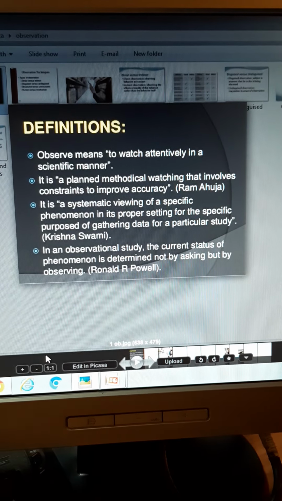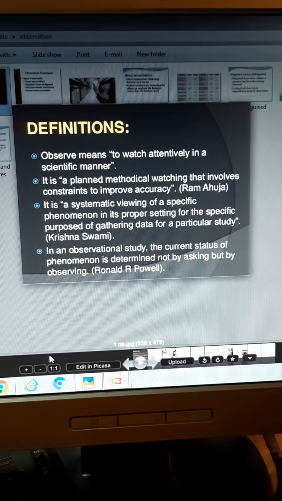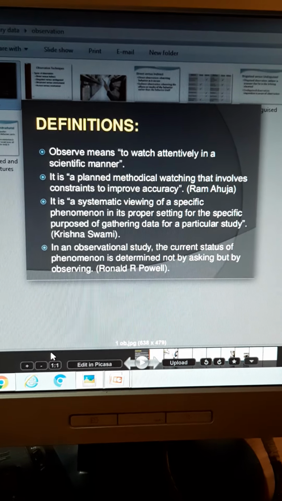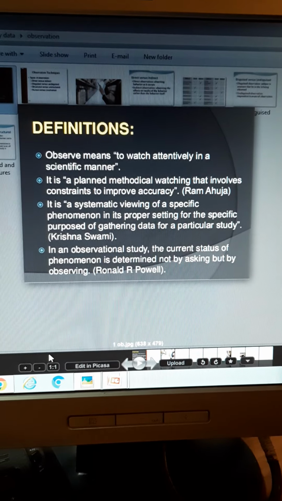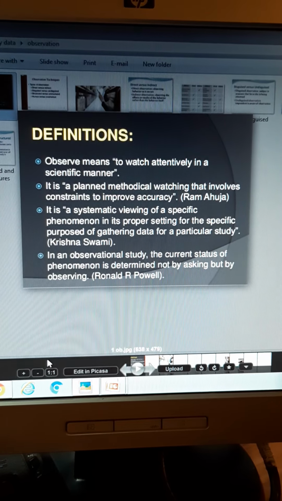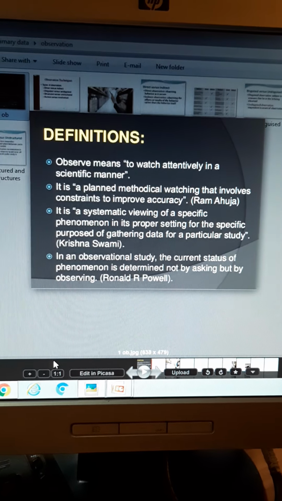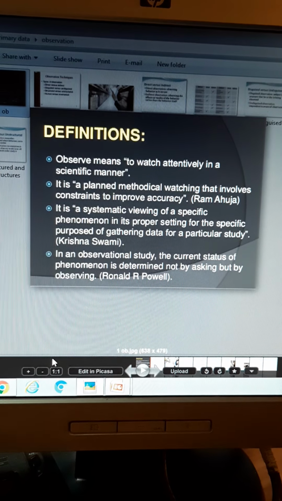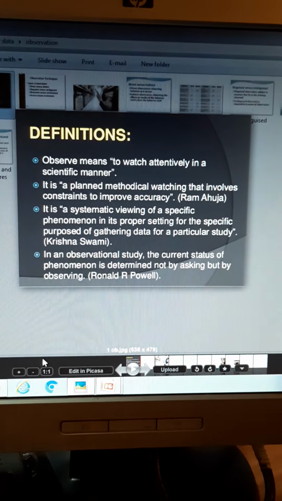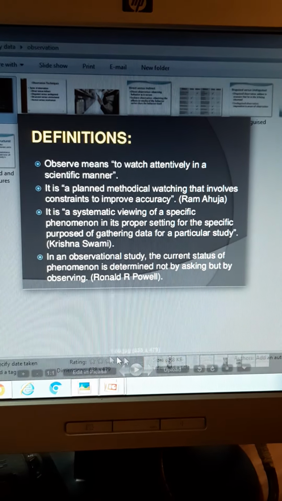In an observation study, the current status of phenomena is determined not by asking but by observing. Okay, so why can't you ask? Because there are very many things that you can observe. Intuitively, you will learn a lot more than by asking. Only certain set of things can be asked.